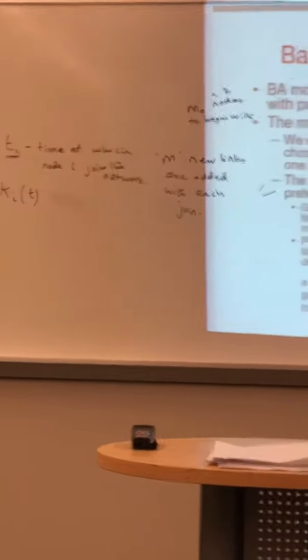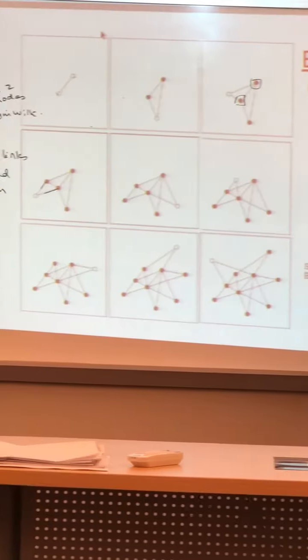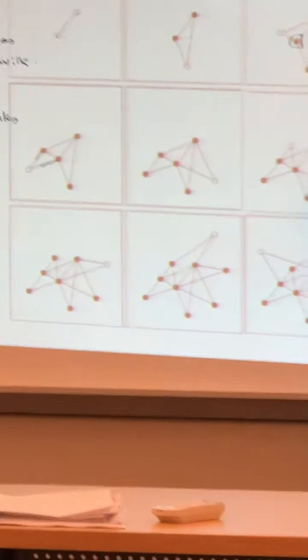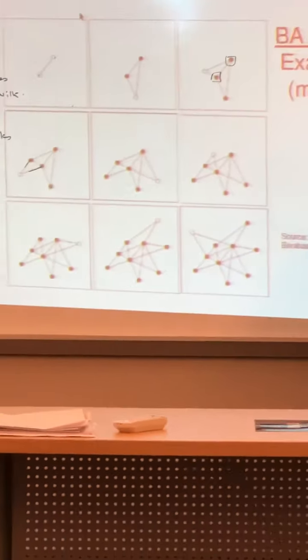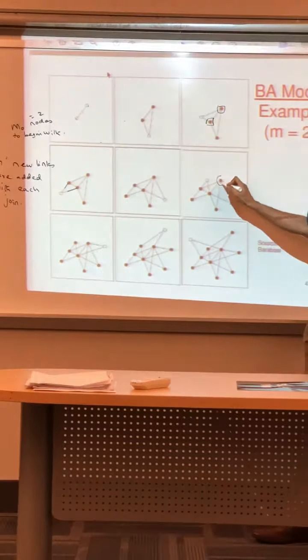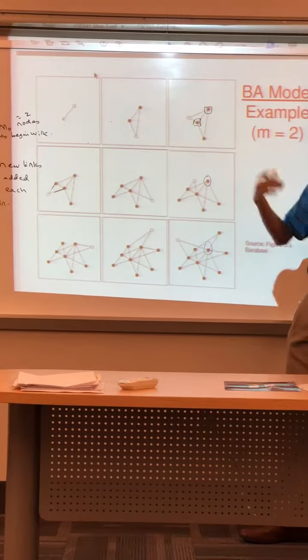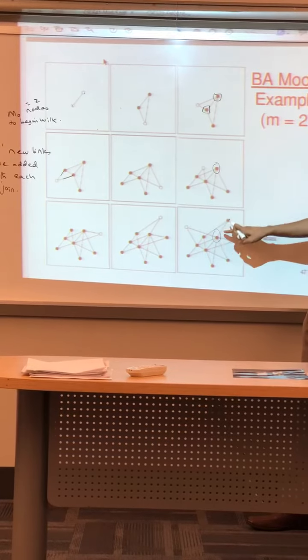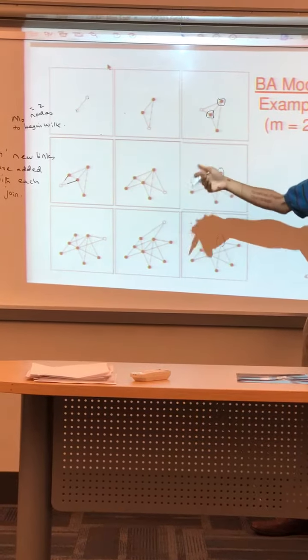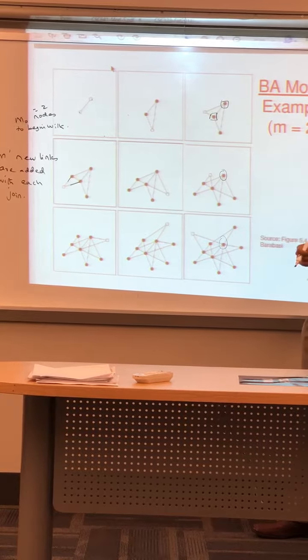As you can see, the degree of the nodes changes with time, isn't it? So this node had degree 4, but after a while the degree might have become 6. So the degree of a node changes with time. As new nodes come in, and if they get attached to the existing nodes, the degree of the existing nodes increases, right?